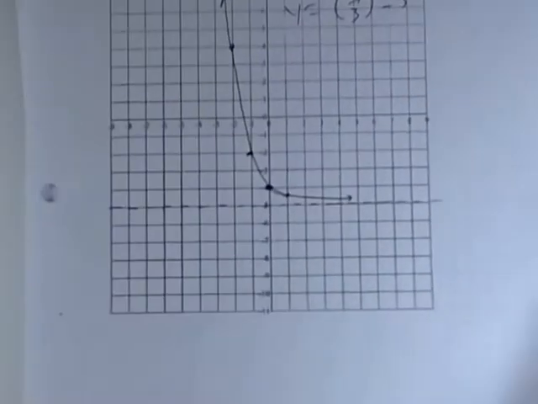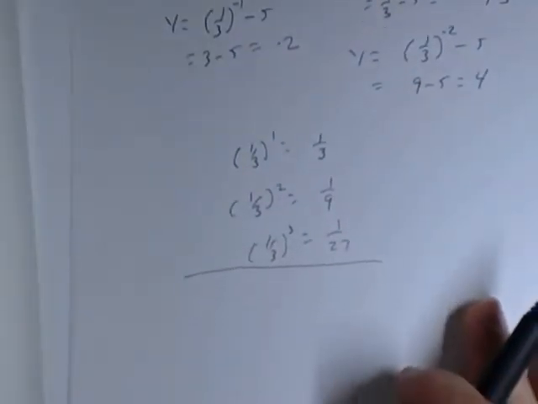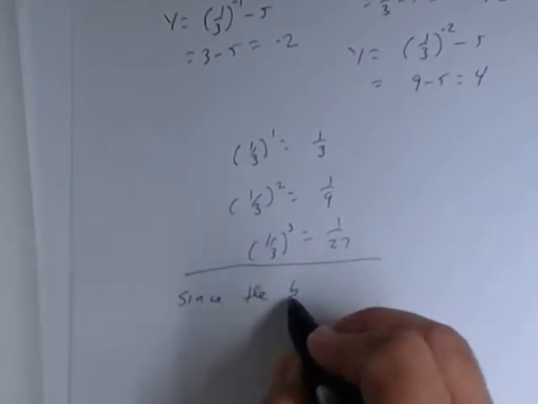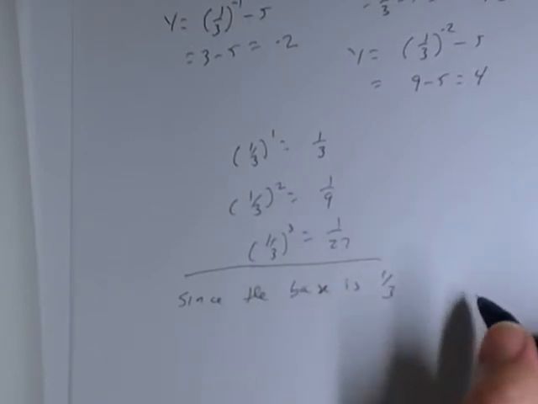For the one we just did, since the base is 1/3, and remember, in an exponential function, your base must be bigger than 0, correct? Your base can never be negative, and it can never be 1 either.